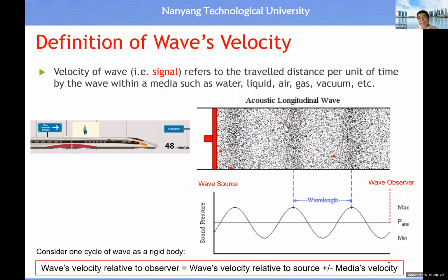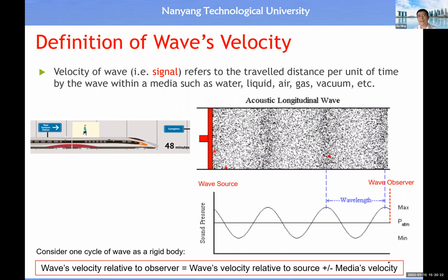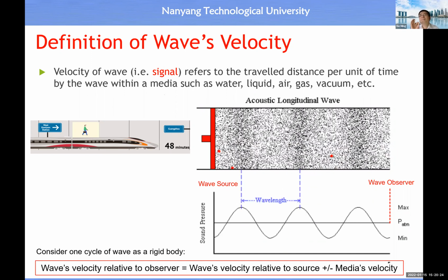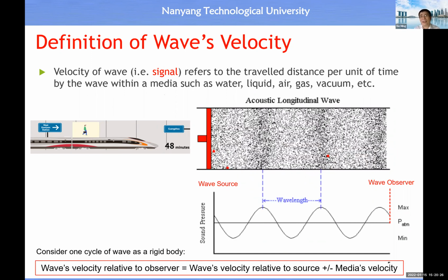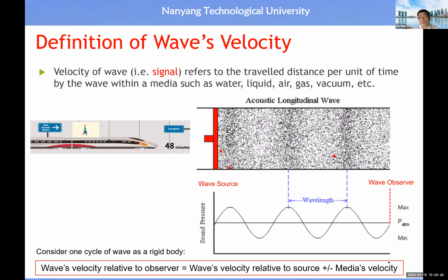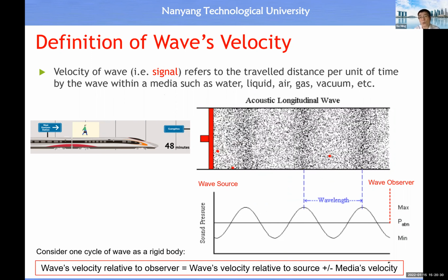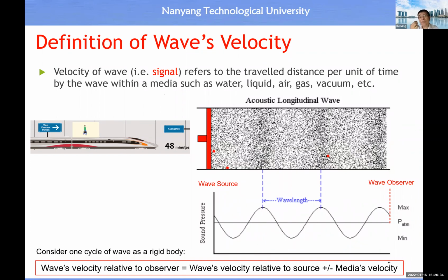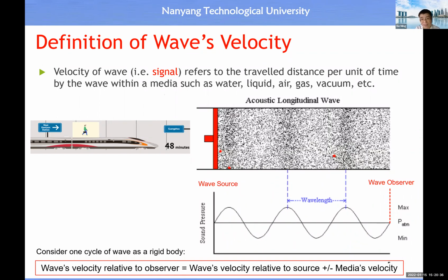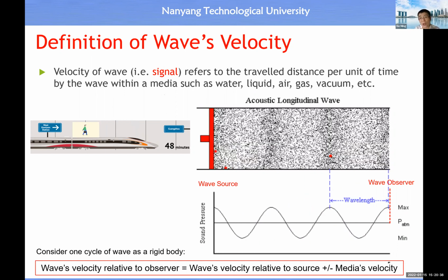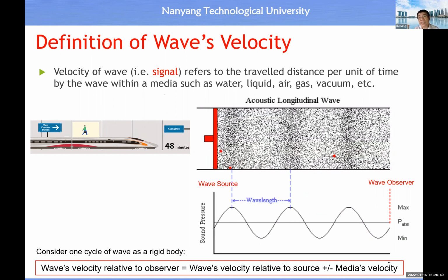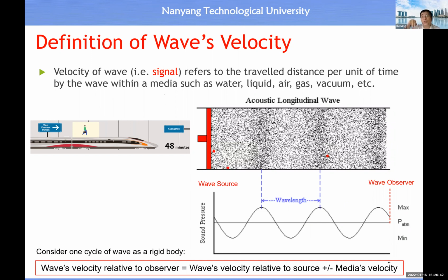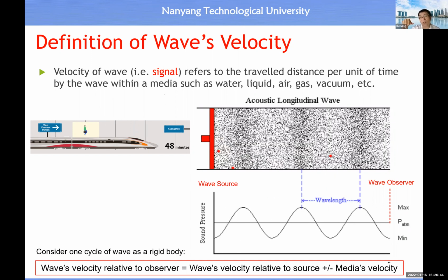However, if the medium has a velocity, then the wave's velocity relative to the observer is no longer equal to the wave's velocity alone. It will be equal to the wave's velocity relative to the source plus the medium's velocity. It's like when you walk on the roof of a train.